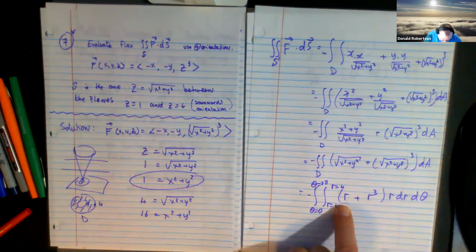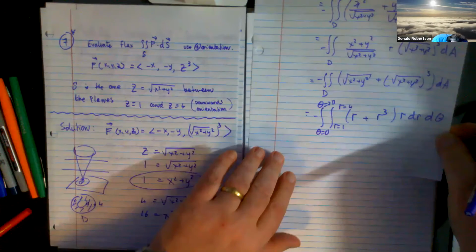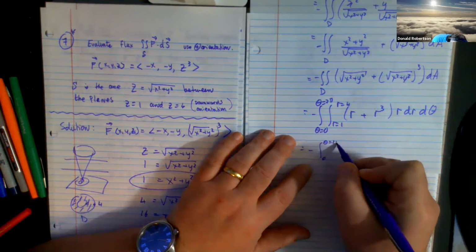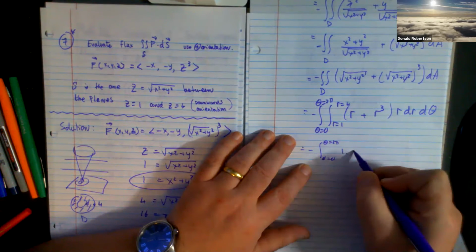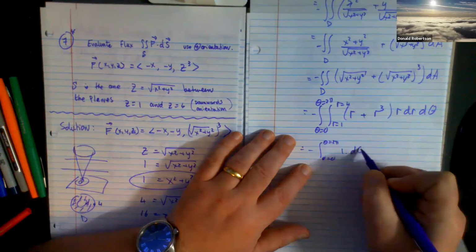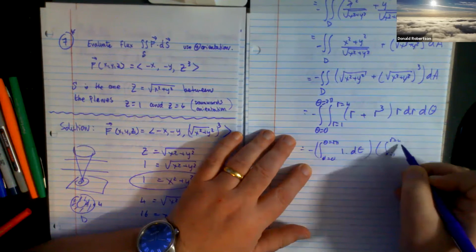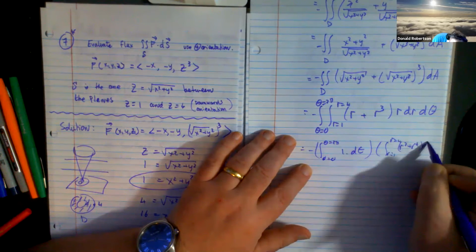Yeah. Okay. So what we're going to do here is it's variable separable. So I'll call that 1. And the r goes from 1 to 4. And what's that? An r squared plus an r to the 4 dr. And at this point, I'll just say dot, dot, dot.